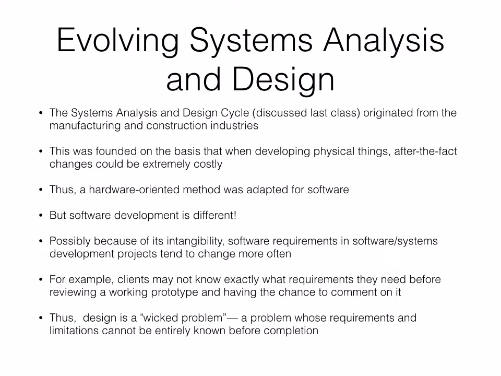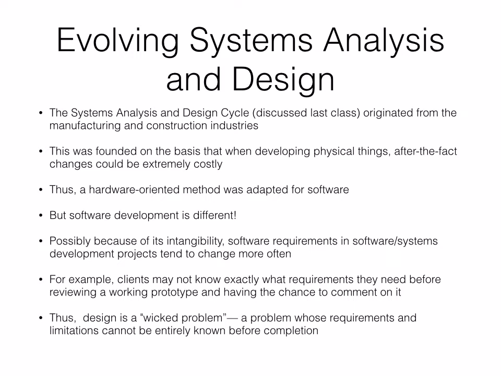So, for example, clients may not know exactly what requirements they need before reviewing a working prototype of the software and having a chance to comment on it. So, unlike something that you can tangibly hold, people don't really know what they're working with in software until they actually see it, or until someone's actually coded it to a degree to which they can actually use it.